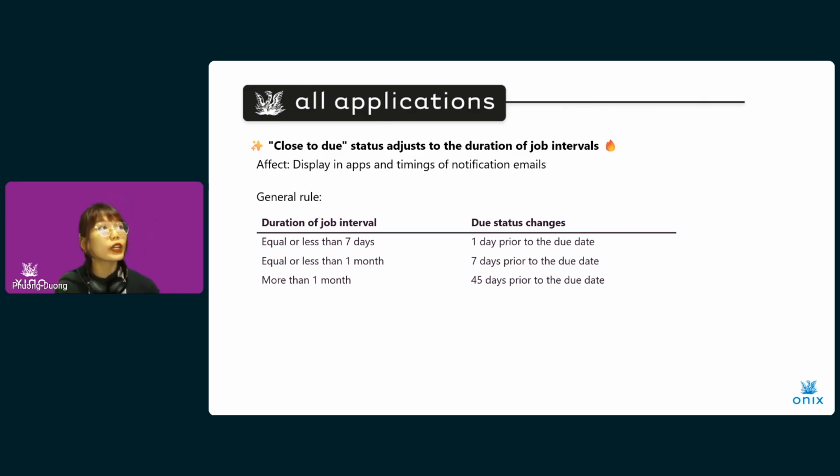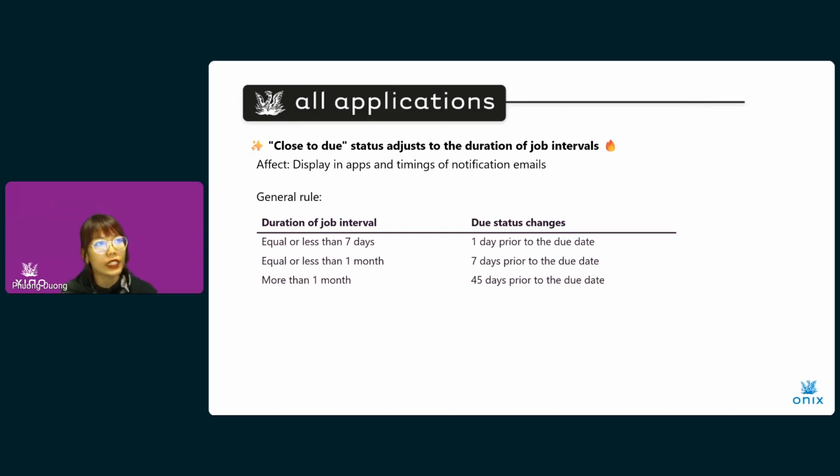Okay, so then we go back to the introduction of the close to due status. As you can see in the table, I have listed out the three main timings. Previously, for any kind of job interval, even if you had a 3 day job interval or a 3 year job interval, you would get the same timing of close to due status.